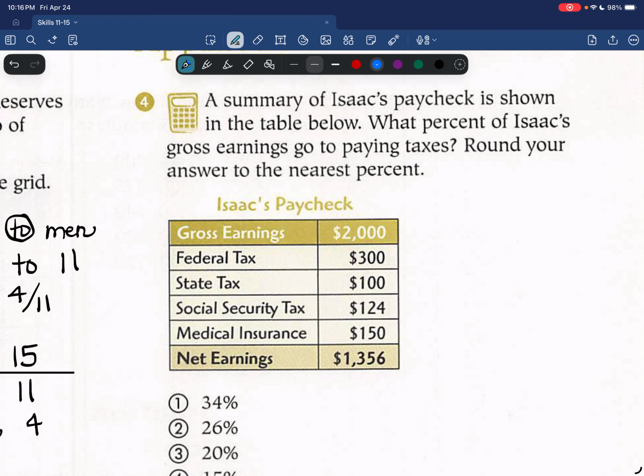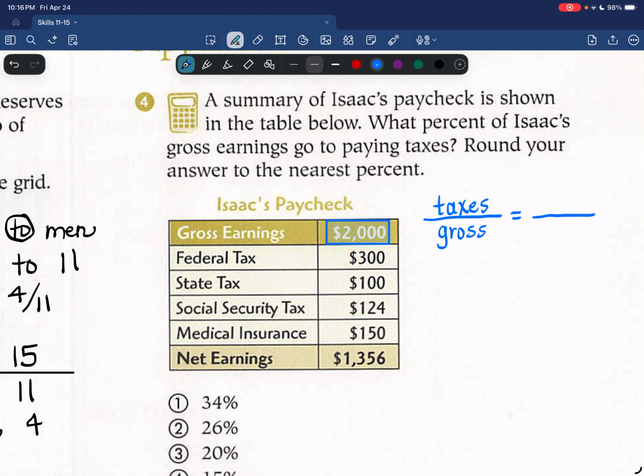So what we're looking for is what percent of Isaac's gross earnings go to paying taxes. So I want to know the amount of taxes compared to his gross earnings. And that is a ratio. It's a fraction, but it's still a ratio. So let's set up our fraction. His gross earnings are right here, $2,000.